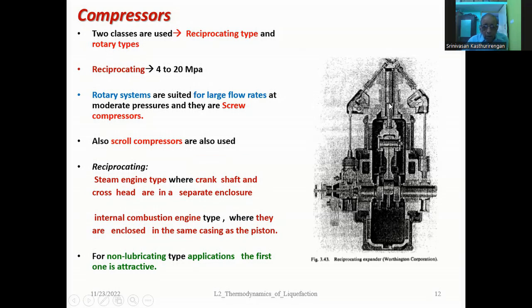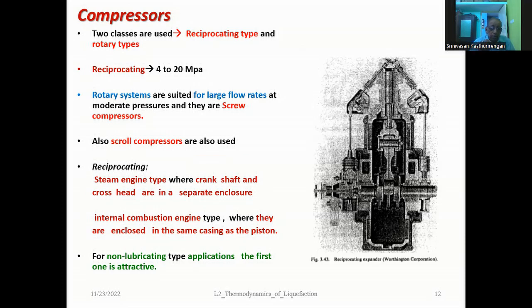Okay, the reciprocating expanders. Now, in place of the reciprocating type, one can also use screw compressor systems. These screw compressors belong to the rotary systems, and they are very much suited for large flow rates.